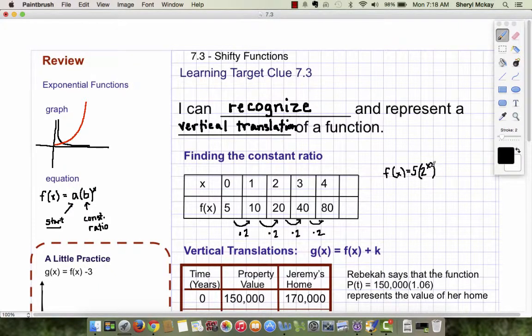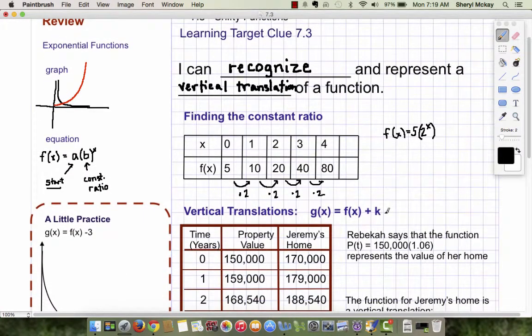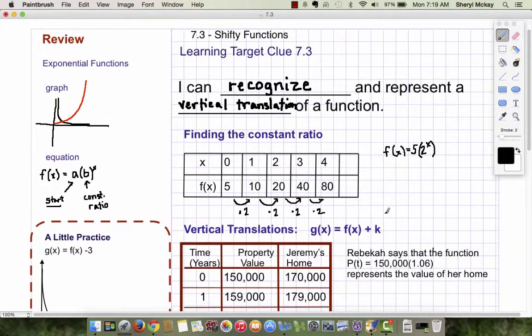When x is 1, 2 to the 1 power is 2, and so 5 times 2 is 10. When x is 2, 2 to the second power is 4. 5 times 4 is 20, and you can see that we've got our pattern set up. So that was just a quick reminder of finding constant ratios and understanding exponential functions.